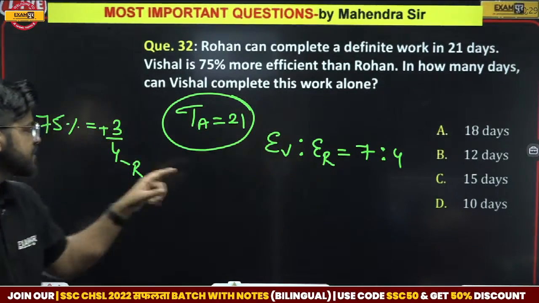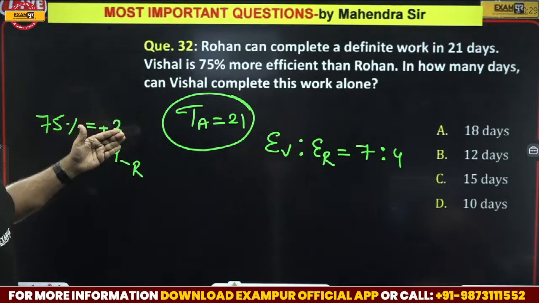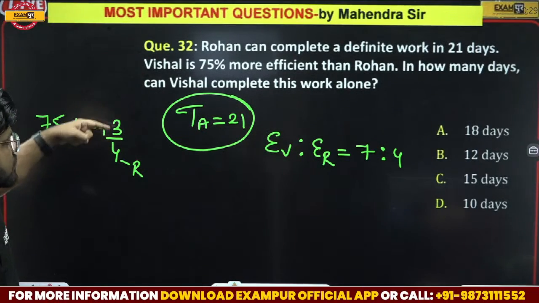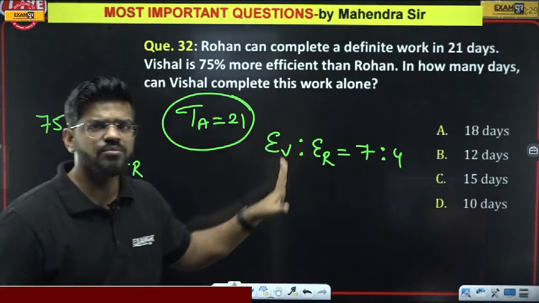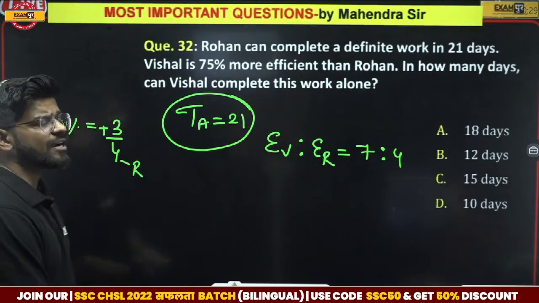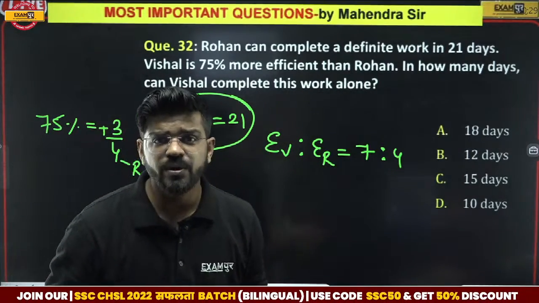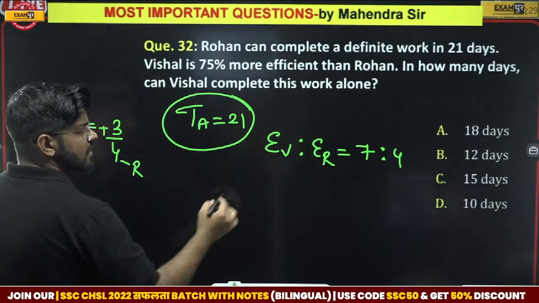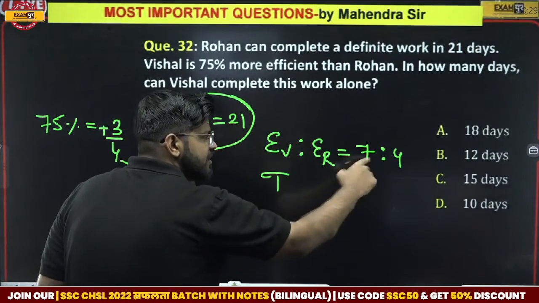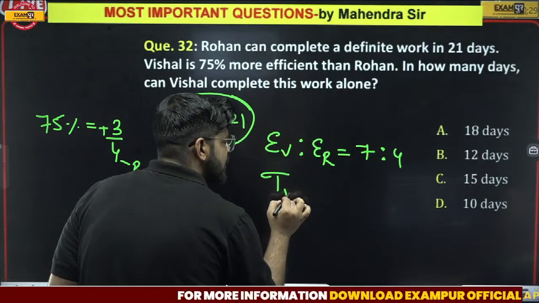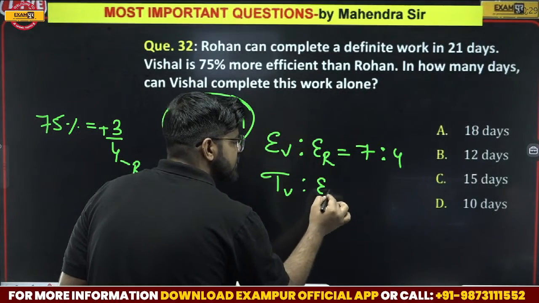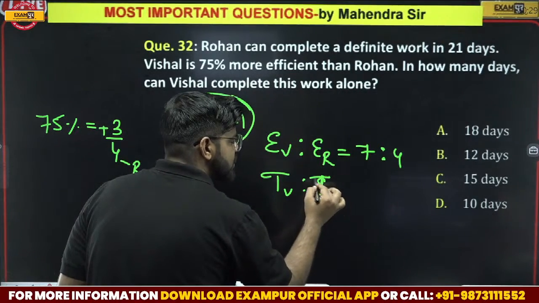If Rohan's efficiency is 4, then Vishal is 75% more, meaning 3 more. And one more thing, if they are doing the same work, the time period is just the reverse of this.